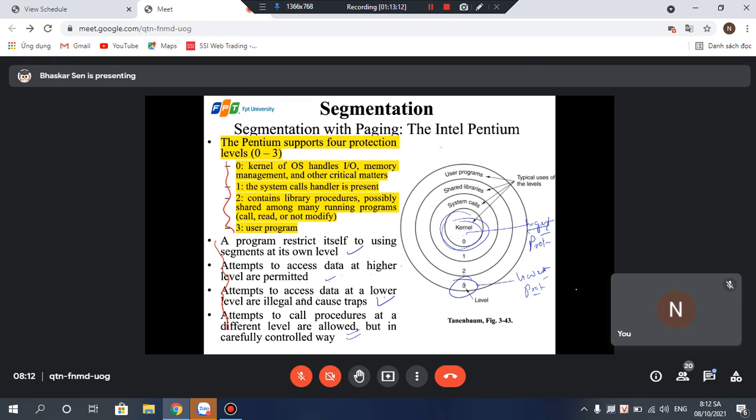If you want to understand it in an algorithmic way, think about Mr. CEO. The kernel is the CEO. In his office, there are lots of important documents. And here's the lowest level protection, or the highest value, that is 3 at this level. This is the security guy working in the office. Well, he has limited access.